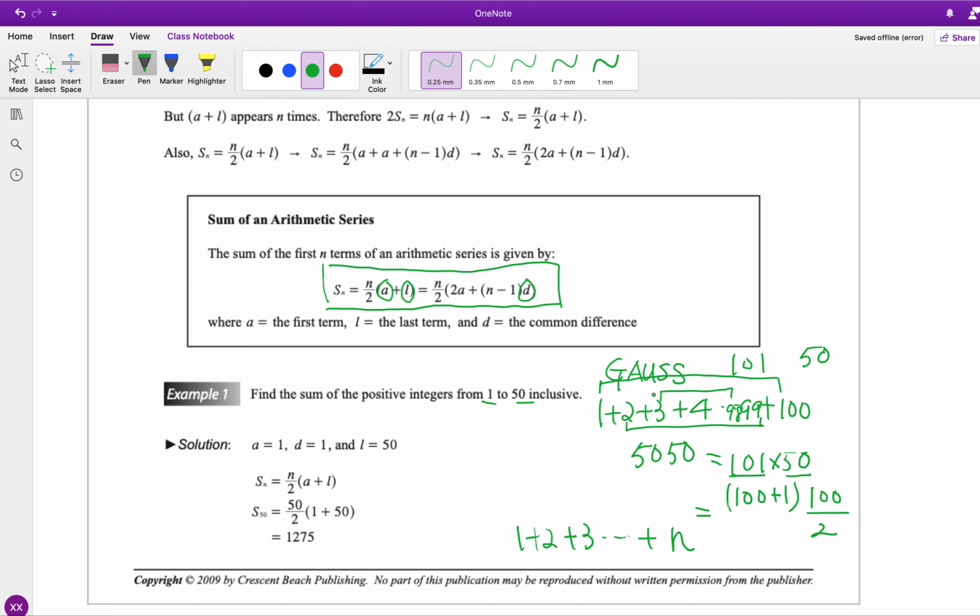This 100 corresponds to the last term here.